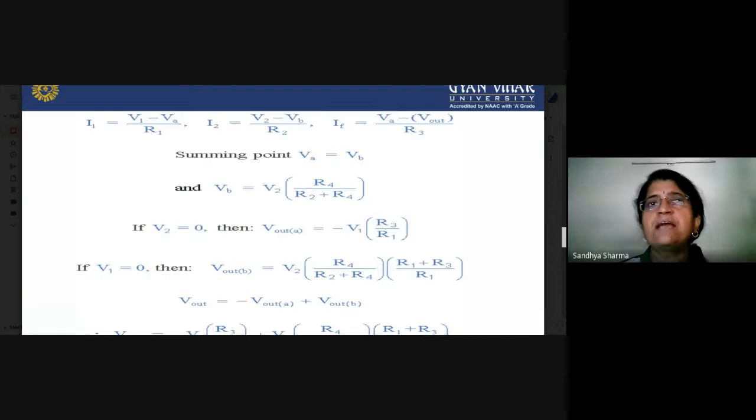Your operational amplifier works in three different modes: inverting amplifier, non-inverting amplifier, and differential amplifier. In previous slides we studied these three modes in the open loop gain. But in today's lecture, we are discussing these three modes in closed loop gain.